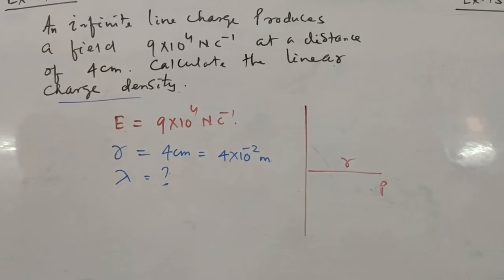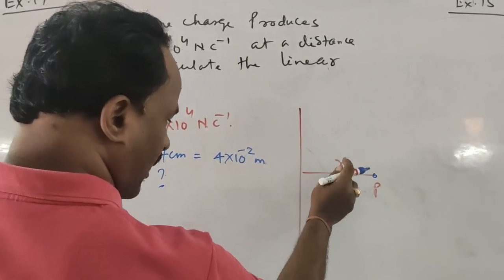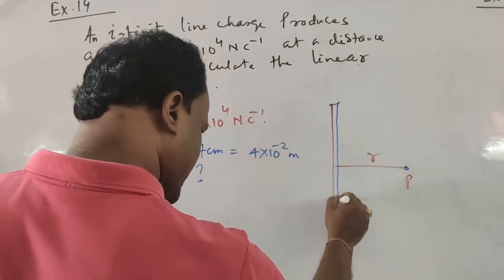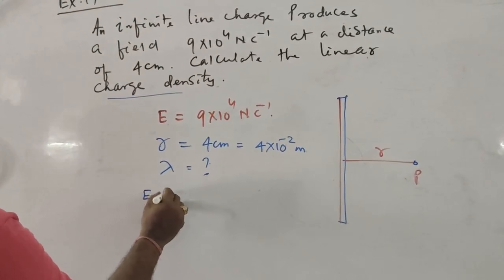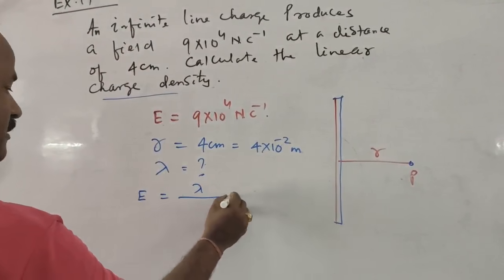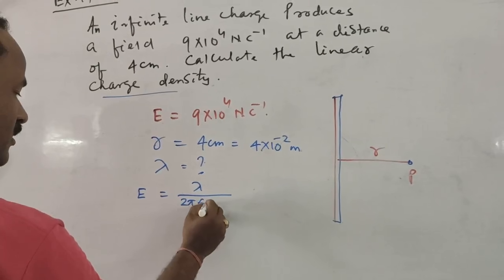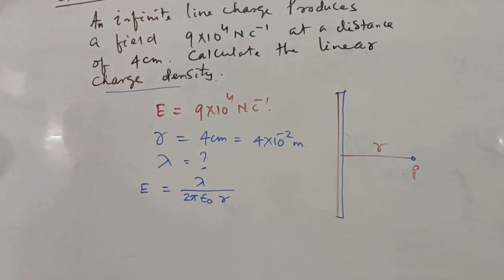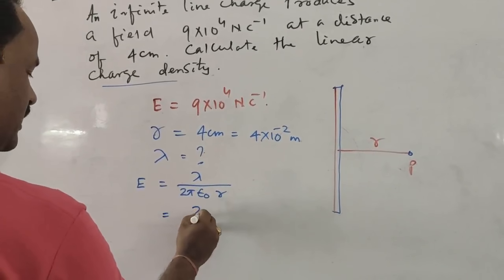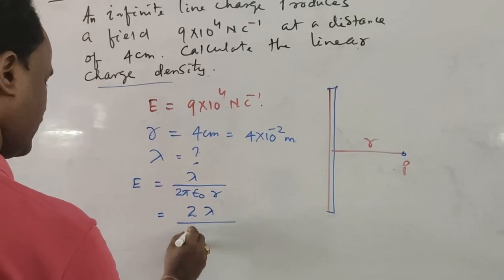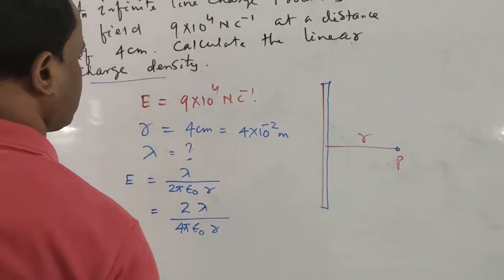We already know that the electric field strength at a point r distance from a line charge is given by E equal to lambda divided by 2 pi epsilon naught r. If you rearrange this, 2 to be multiplied and divided, it becomes 4 pi epsilon naught r.